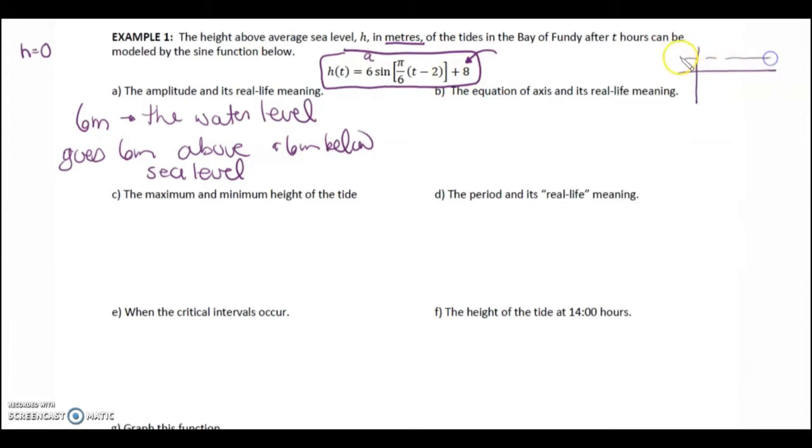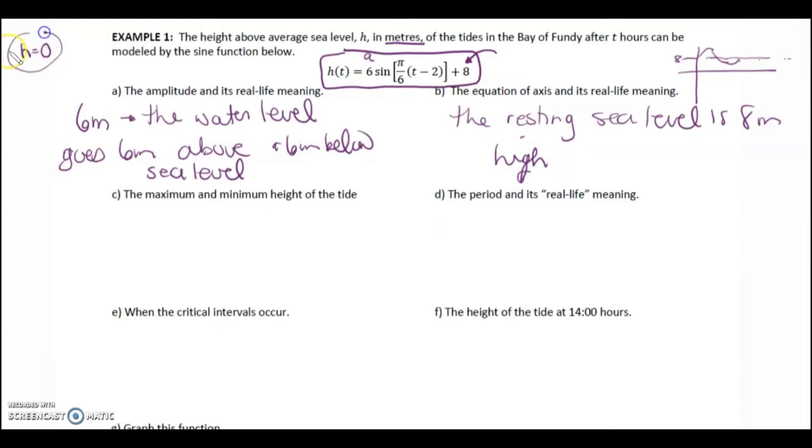If you start at 8 and then you go up, down, and back up to 8, you're talking about the resting sea level, which is 8 meters high. Okay, so again, universally, we do h equals 0. I guess for this, we had to read a little bit deeper into the equation, and the actual sea level is 8 meters.